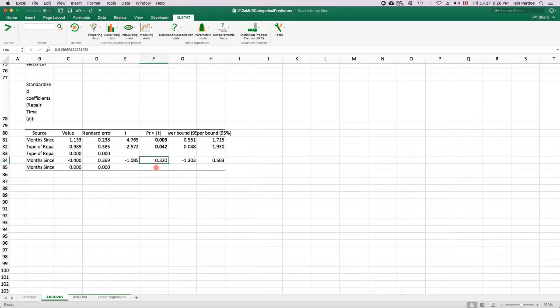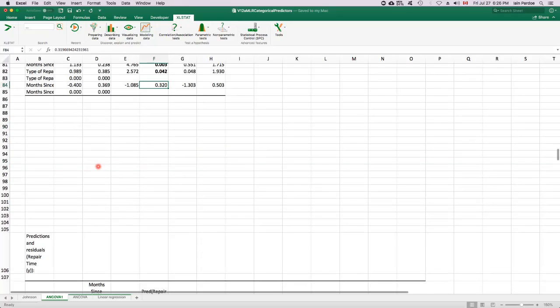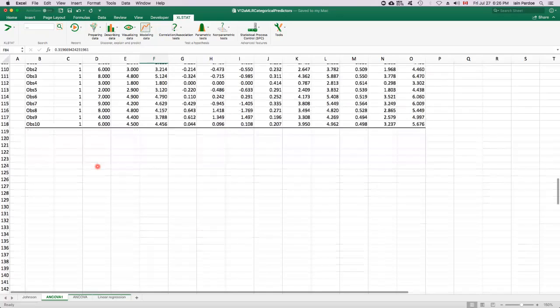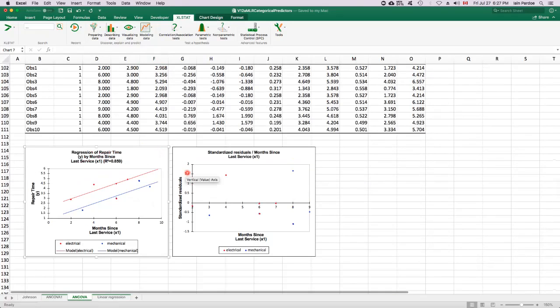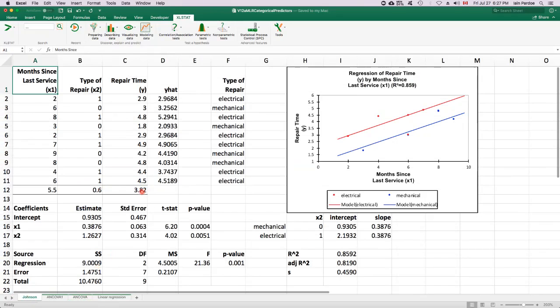So we would not be able to reject the null hypothesis that says the interaction effect is 0. And so what we would conclude from that is that this model is inferior to the original model that we fit, where we had parallel slopes. Okay, so that's categorical predictors in multiple linear regression.